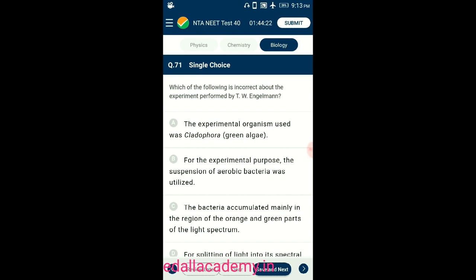He used aerobic bacteria to detect the oxygen evolution site and observed that the maximum bacteria accumulated in the blue and red region of the spectrum, indicating that the maximum photosynthesis occurs in this region. So the incorrect statement is C. The bacteria accumulated mainly in the region of orange and green parts of the light spectrum. This statement is wrongly given. Actually, the bacteria accumulate in the blue and red regions.